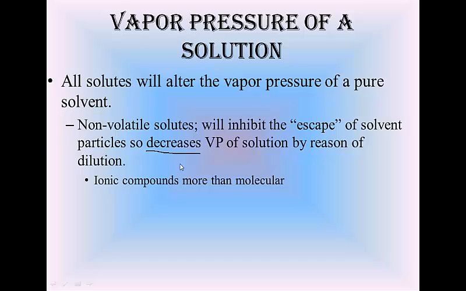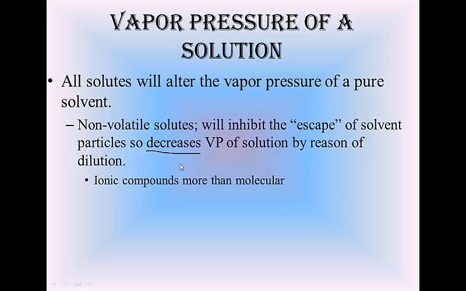And of course, if it's a polar ionic compound, which ionic compounds typically are, or a polar molecular compound, then it's going to react with the solvent, especially if the solvent is polar water, and you might get a larger decrease.